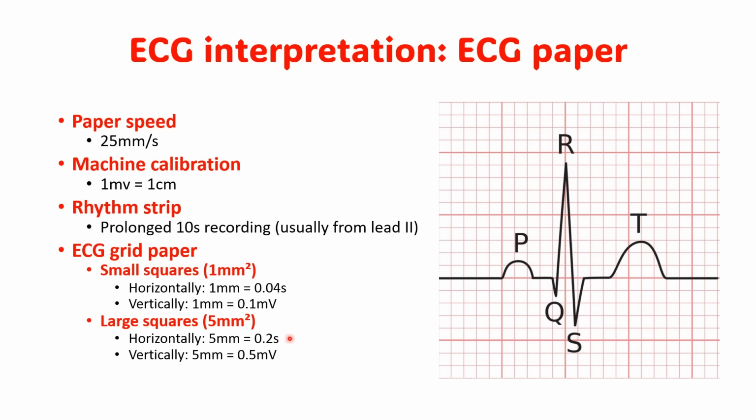And then we have our large squares, which horizontally are 5 millimeters across, and that represents 0.2 seconds, which is the same as 5 times 0.04. And then vertically, they're also 5 millimeters, which represents 0.5 millivolts.